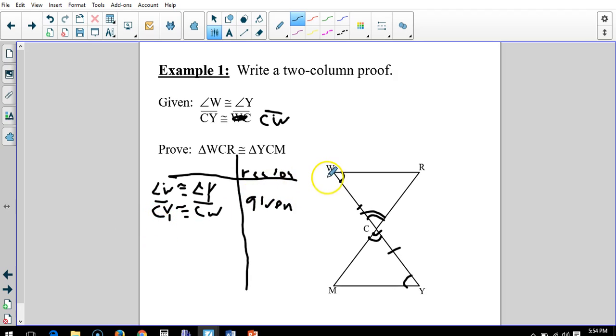So remember, I'm going to start at arc 1 and go down highway 1, and start down here at arc 1 and go up highway 1. So I'm going to say angle WCR is congruent to angle YCM. And that's the definition of vertical angles.